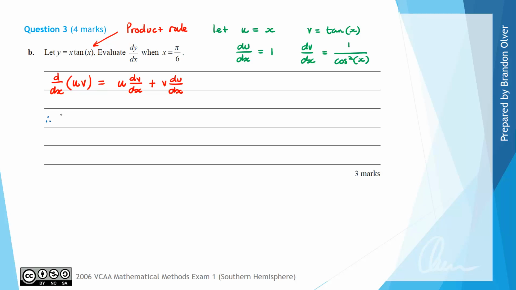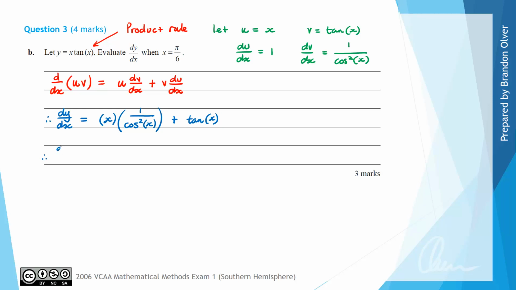Therefore the derivative dy dx for this question is going to equal u, which is x, times dv dx, which is 1 on cos squared of x, plus v, which is tan of x, times 1, which still remains as tan of x.